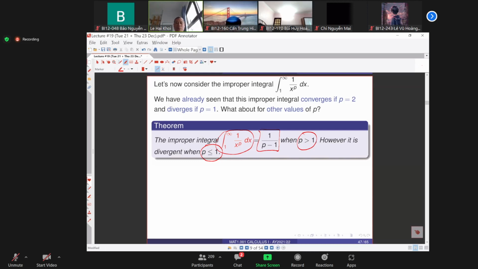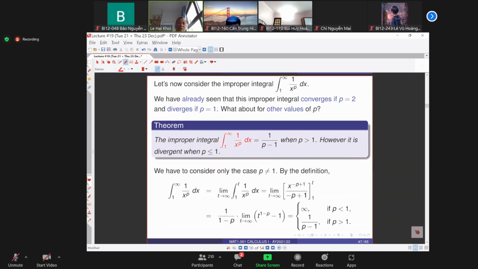How to prove it? Just follow the definition. For p different from 1. Why? Because for p equal to 1, we know that it diverges, so we eliminate it; we already considered it. Now we consider the case p is different from 1.